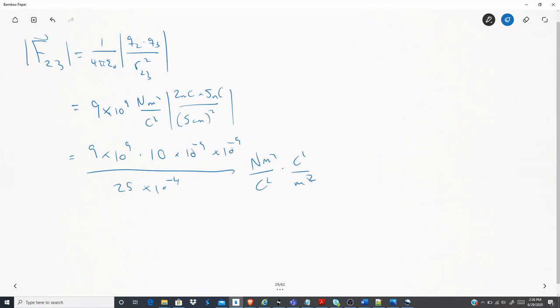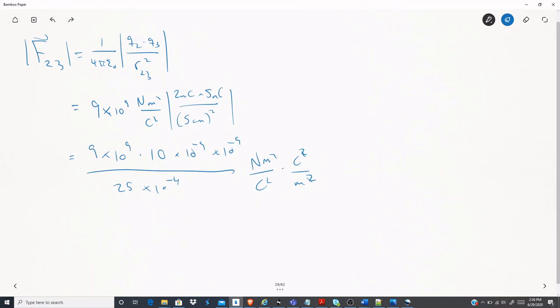Okay, so I kind of raced through this one compared to last time because I've already gone through a lot of these steps in detail. The 10 to the negative 4 comes from the centi. The 10 to the negative 9s come from the nanos. And the 10 comes from 2 times 5. I also put all the units out here where the coulomb squared comes from the numerator and the meter squared comes from the denominator.